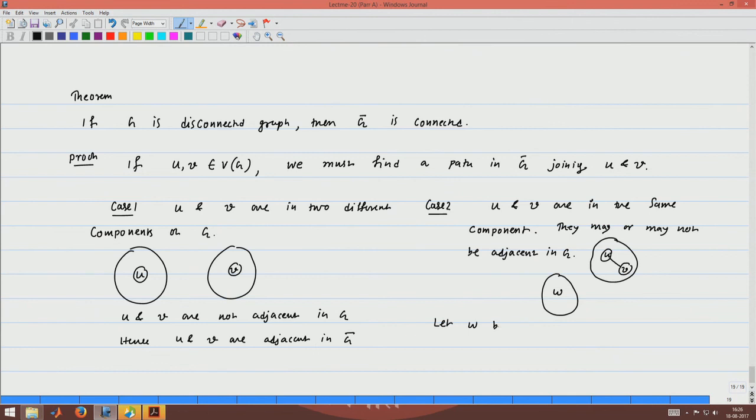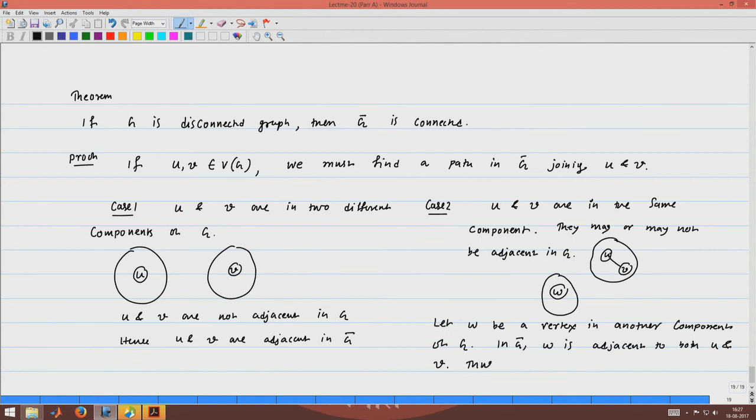Let W be a vertex in another component of G. Then W is neither adjacent to U nor adjacent to V. So, in G complement, W is adjacent to both U and V, because they are not adjacent in G. So, they will be adjacent in G complement.